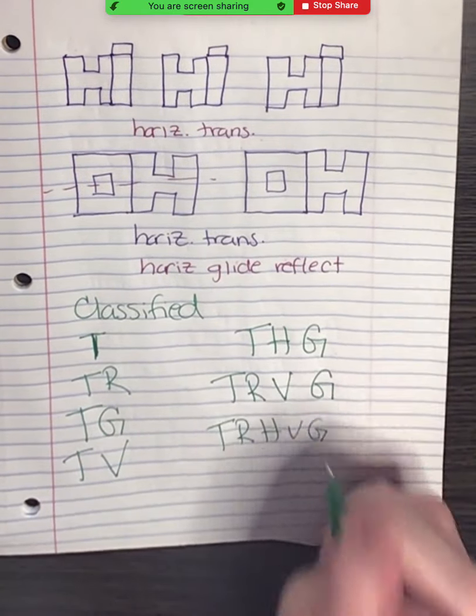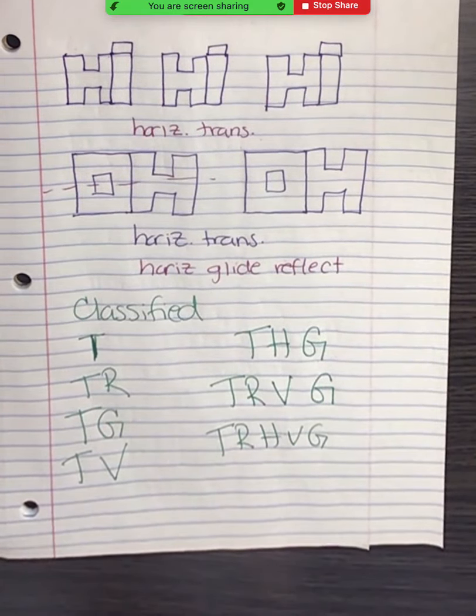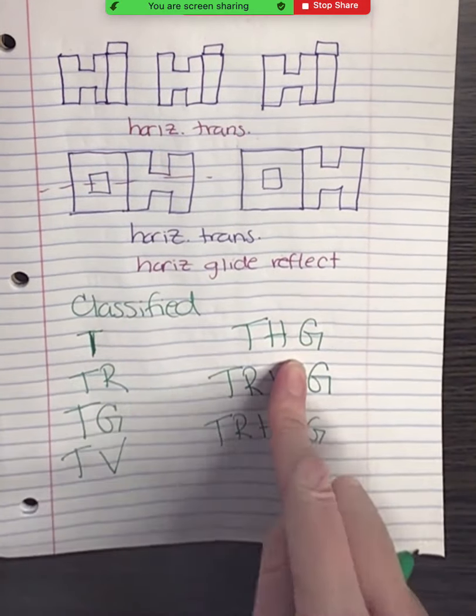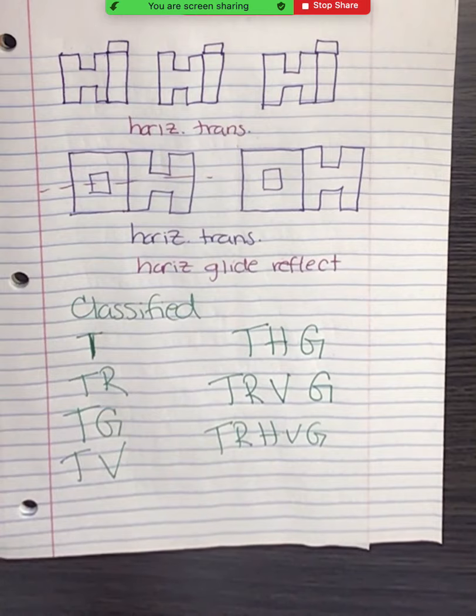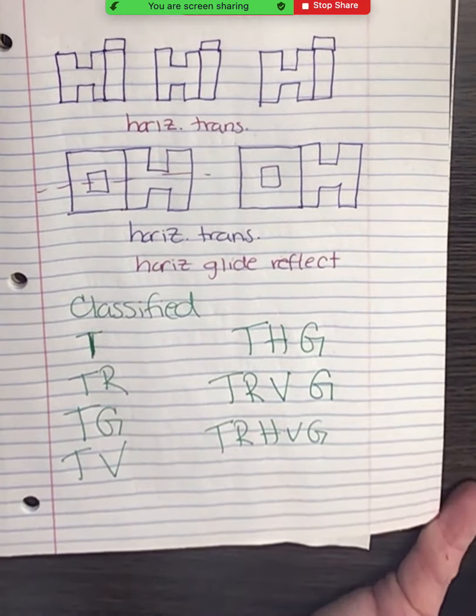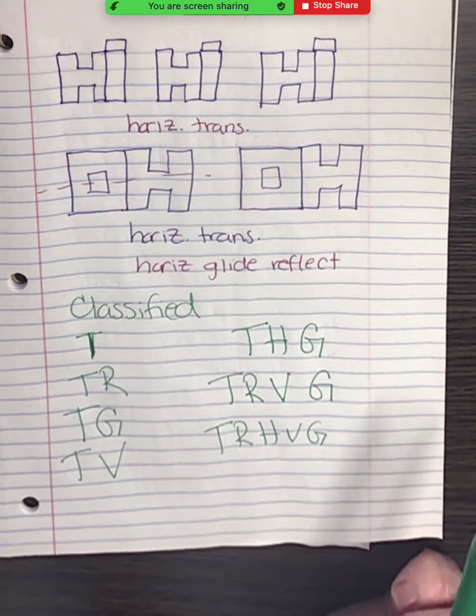There's no other combinations because if you start combining some of these, you produce another one. Okay? So these are the 7 categories to classify a frieze pattern with. They all have the translation.